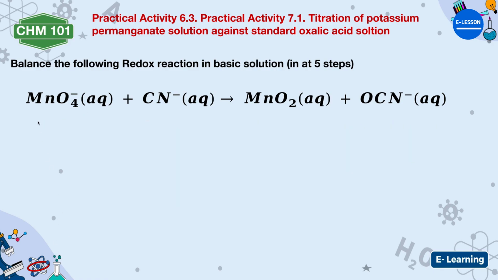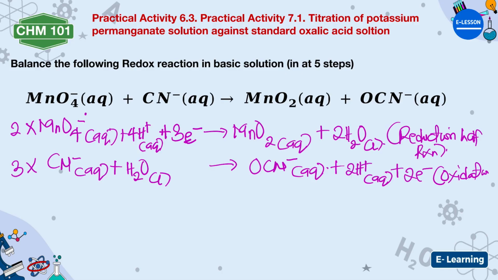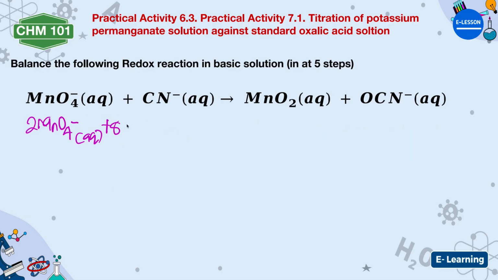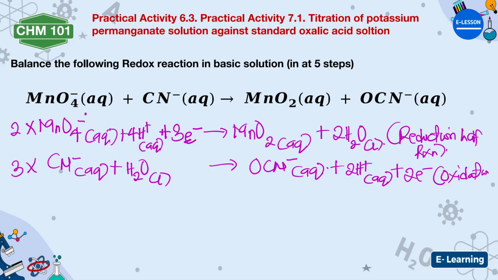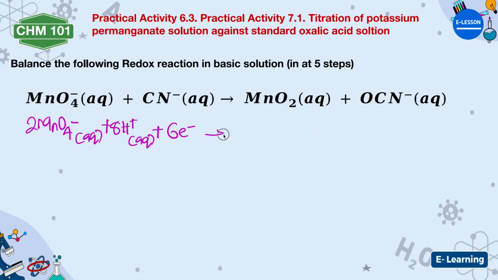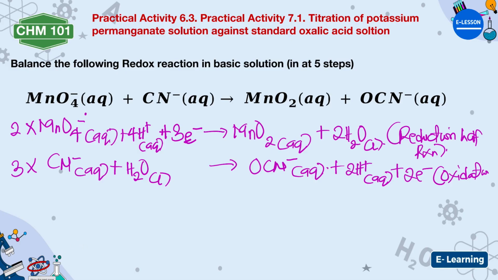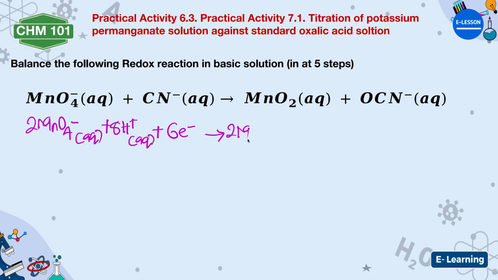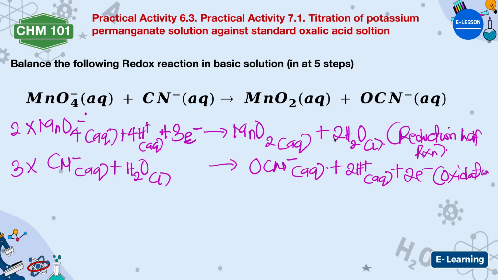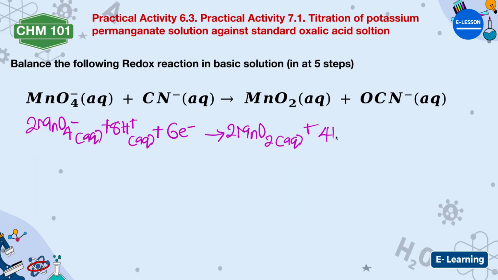This will give us 2MnO4- aqueous plus 8H+ aqueous plus 6e- to give us 2MnO2 aqueous, because we are using the 2 to multiply through, plus 2 times 2H2O, that will give us 4H2O, liquid.